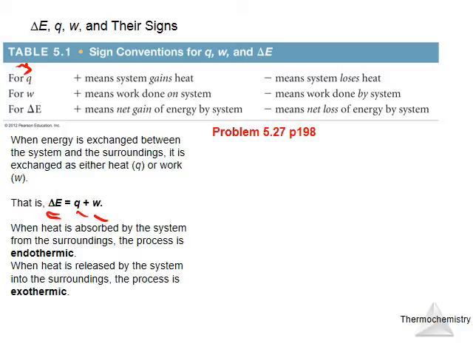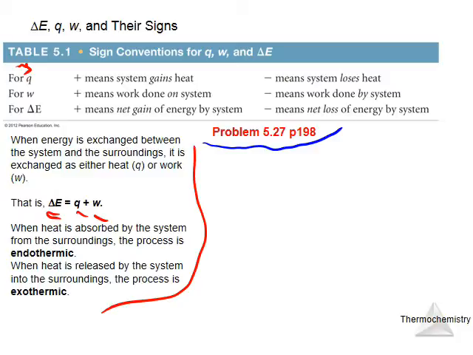Now let's try homework problem number 5.27. So let's work on 5.27, page 198. It says to calculate delta E and determine whether the process is endothermic or exothermic for the following cases.